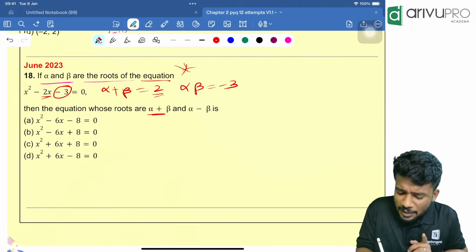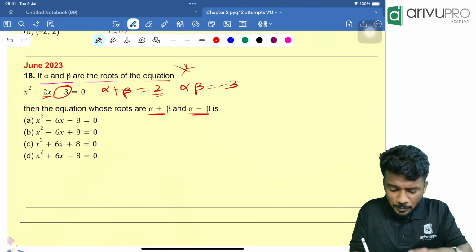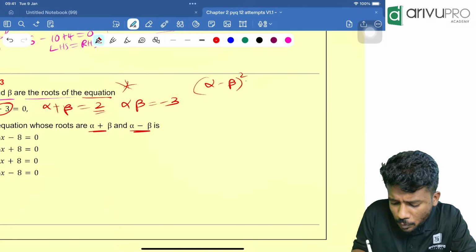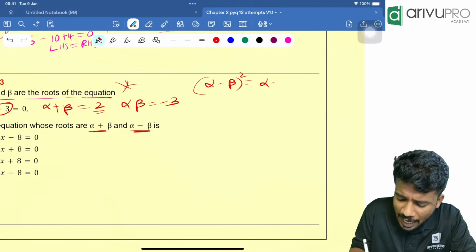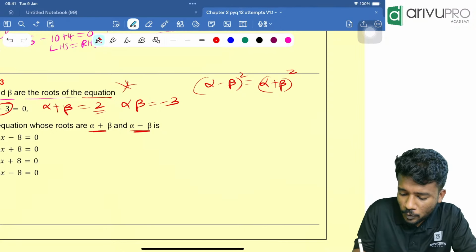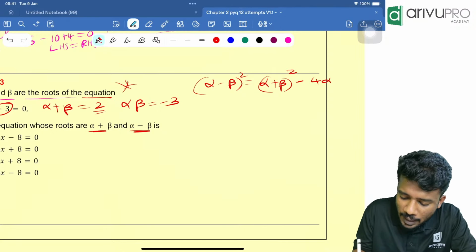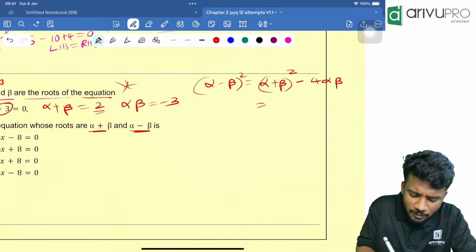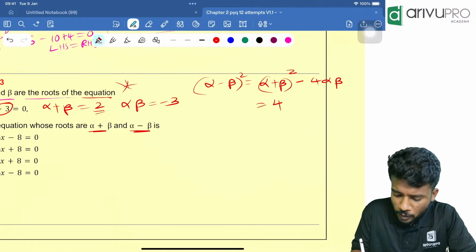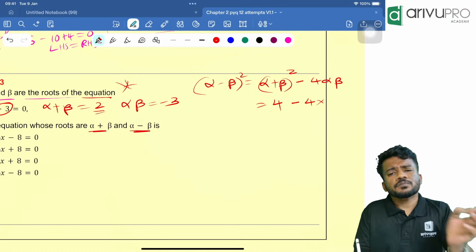Okay. Now I need to find alpha minus beta. So alpha minus beta, the whole square is nothing but alpha plus beta, the whole square, minus 4 alpha beta. If you have watched the class, you will know. Which is equal to 2 square, which is 4, minus 4 into alpha beta.